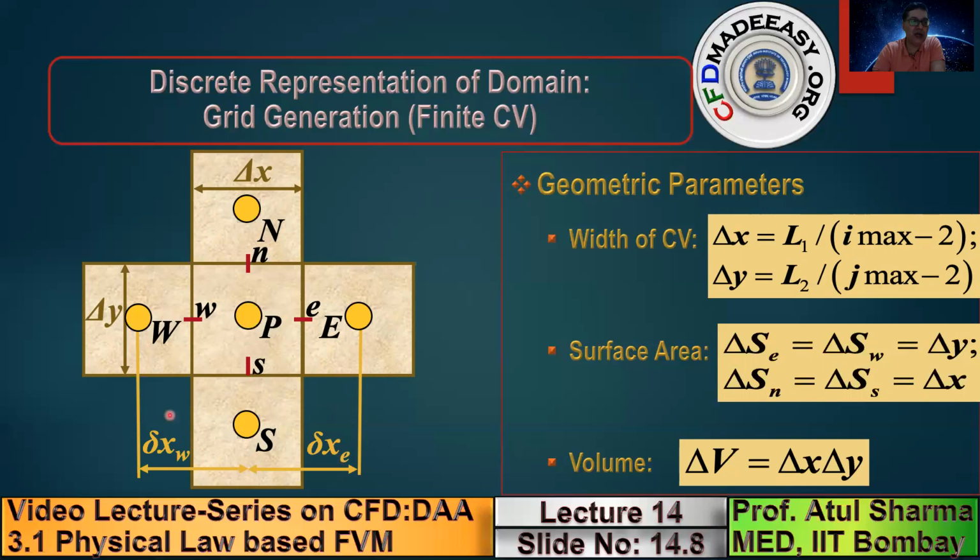This distance we denote as delta x W. Similarly, the distances of this representative grid point P from north and south are represented by delta y N and delta y S. In the next slide, I will show you the expressions for these distances of a representative grid point from its nearest east, west, north, south neighbors.